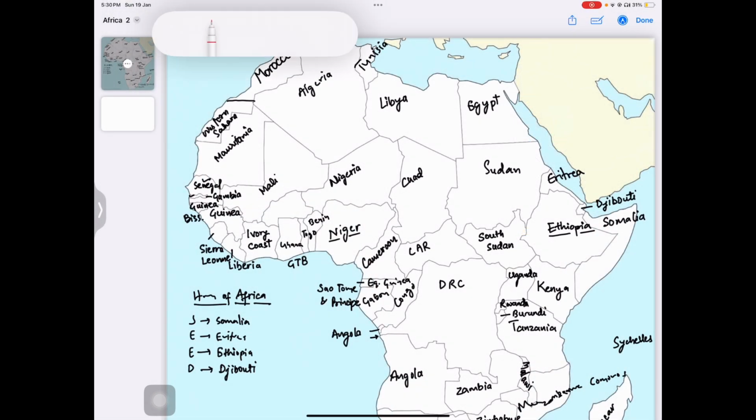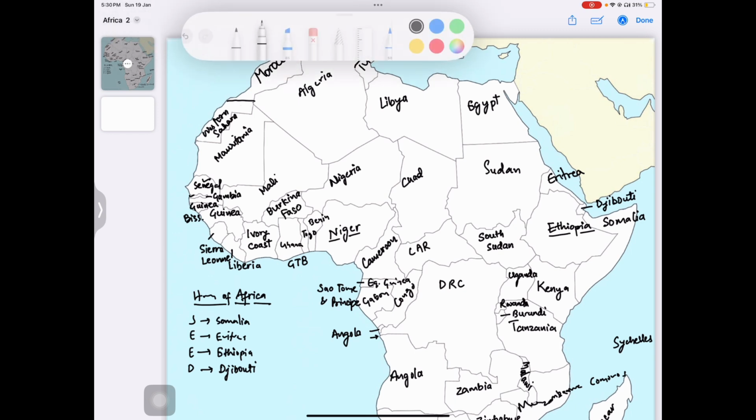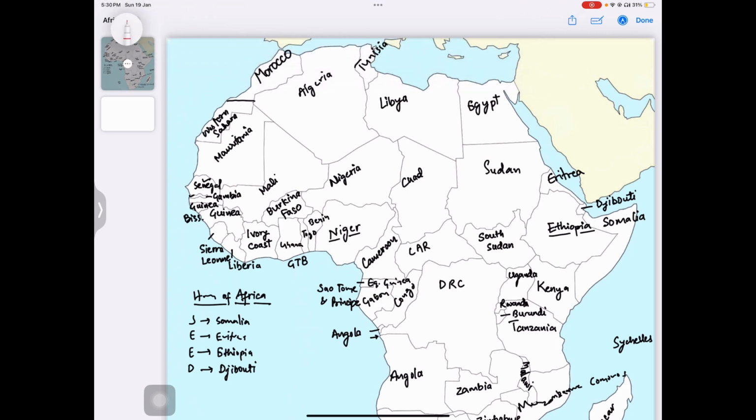So earlier we missed one country, which is Burkina Faso. This is here. Now let us move to the important water bodies, the ones I remember. This one here is Strait of Gibraltar. This one.